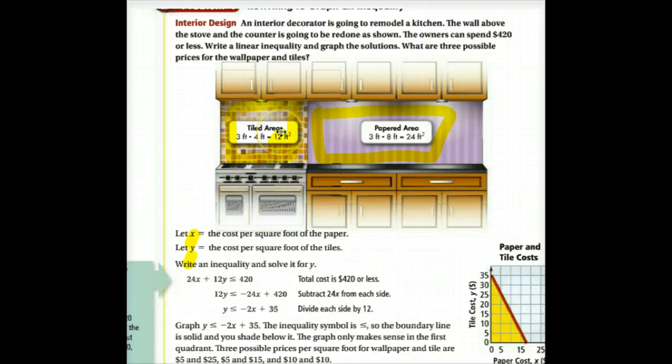Since the tiled area is 12 feet, they did 12y. The papered area is 24 feet, 24x. Add that together, it's got to be less than or equal to $420. So they solved their inequality until they got y by itself. Then they can graph it using everything we've talked about before, and it will let you find the possible prices per square foot of wallpaper and tiles that will work for this budget.